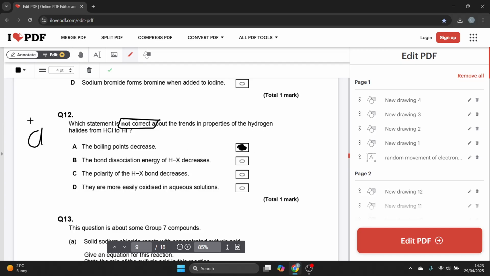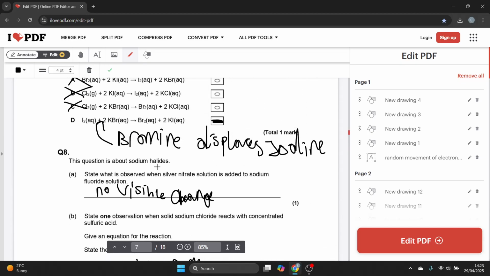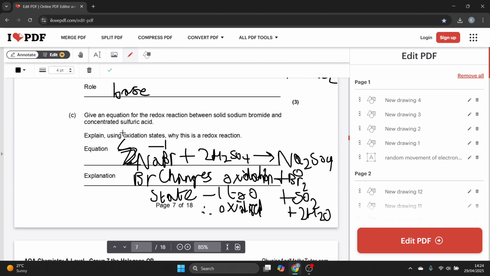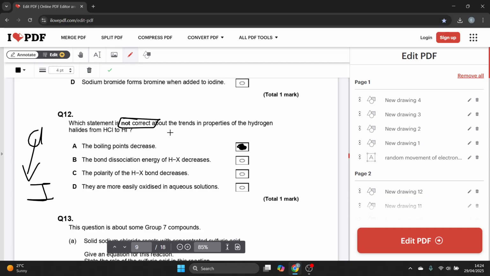Going in group 7 from Cl to iodine, I know which property increases down group 7: boiling point increases down group 7. So therefore the boiling points decrease is not correct.